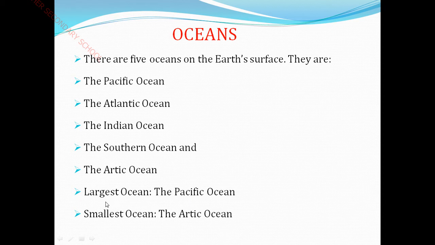Take note of this, children. And which is the smallest ocean? That is the Arctic Ocean. These are all the very important oceans on the earth's surface, with the differentiation given between the largest and the smallest.